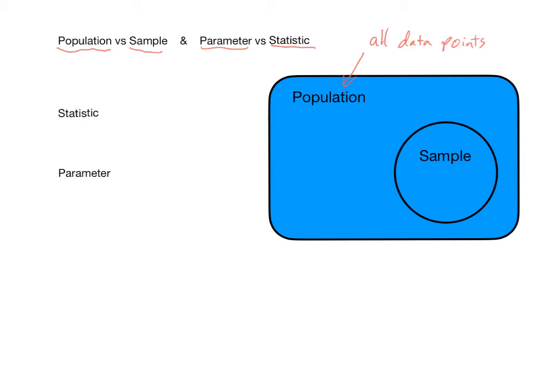Then the population in that study would be the set of all high school students across, let's say, the United States. But of course, we would not be able to talk to all high school students in the US since there's so many. So instead, we have to settle for a sample of the population. A sample is a subset of the population.